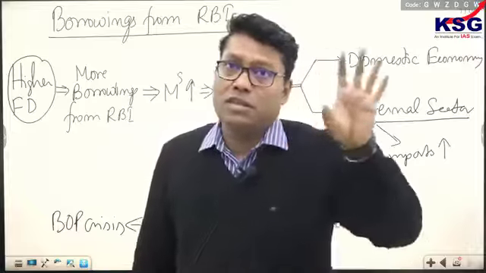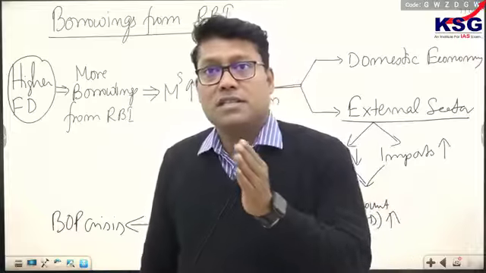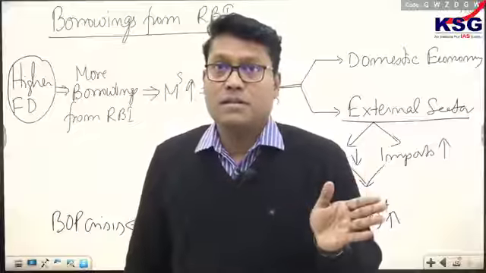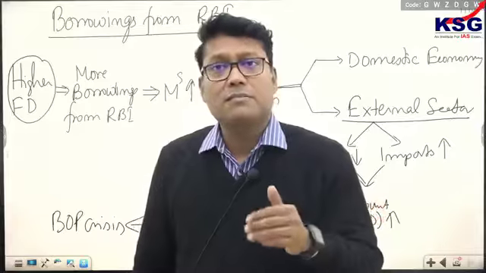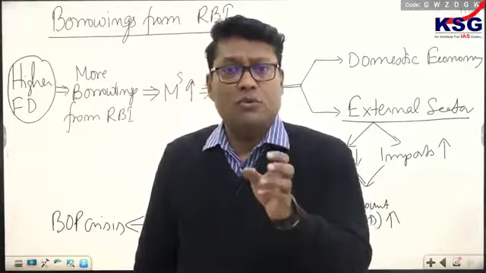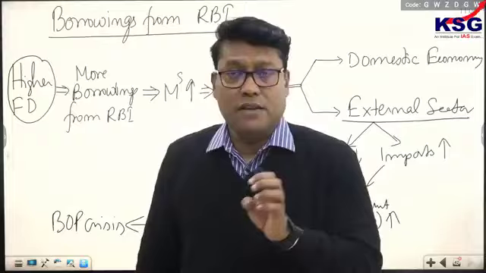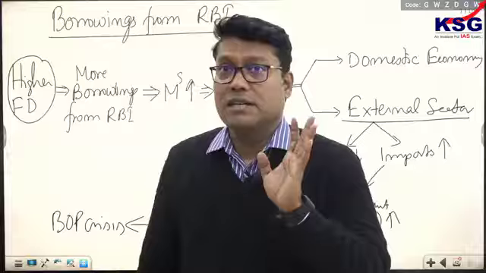When you take total expenditure, this interest payment is also part of that. So if it is the total expenditure incurred by the government and total receipts excluding the borrowing, then you are getting the fiscal deficit.